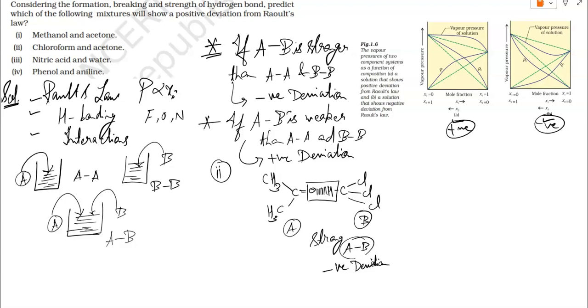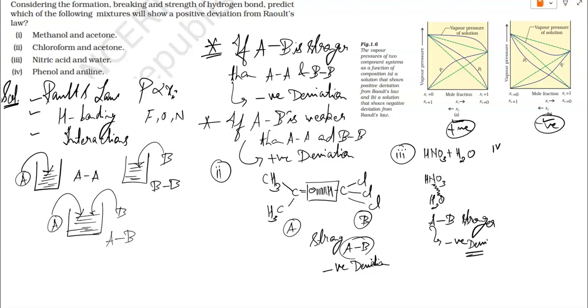Now option number three is nitric acid and water. Nitric acid and water also show hydrogen bonding, a strong hydrogen bonding that you can expect, with the nitrogen with this oxygen. So here this AB interaction is stronger than AA and BB, which means negative deviation from Raoult's law.